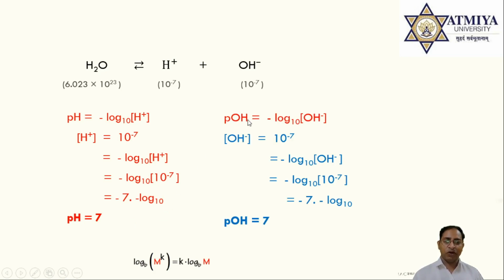The pOH formula is very simple: minus log to the base 10 of the hydroxyl ion concentration. Here again the concentration is 10 to the power minus 7. In the same way, if I put in the values, the pOH of water will again come to 7. So in pure water, the pH is 7 and the pOH is again 7.